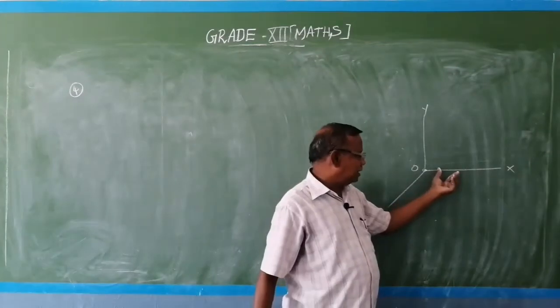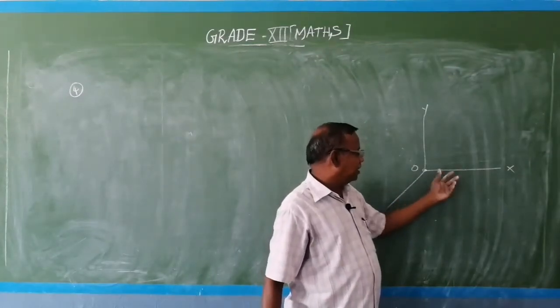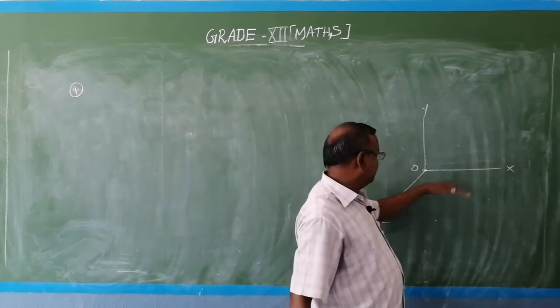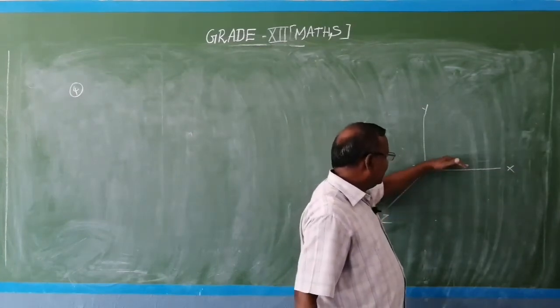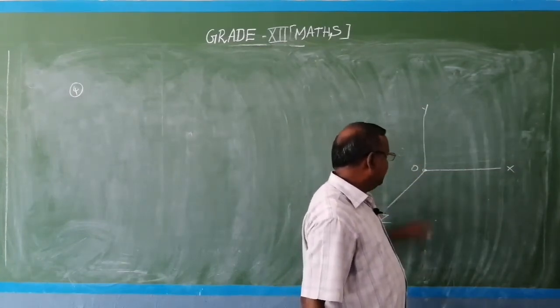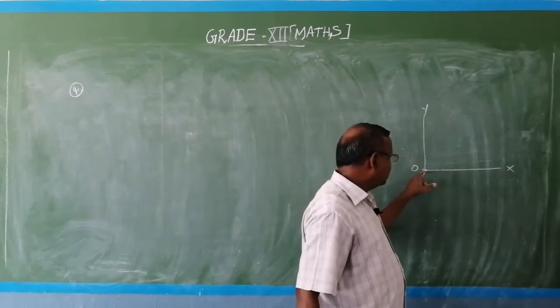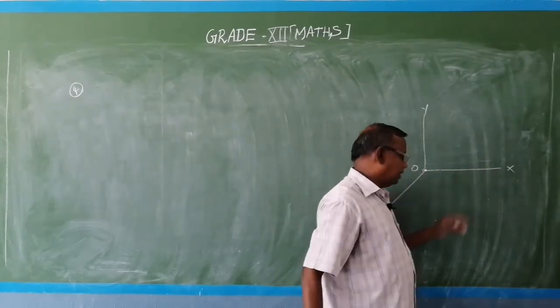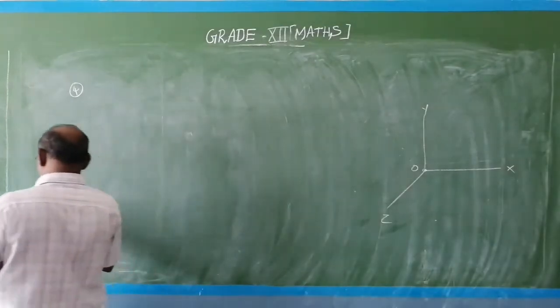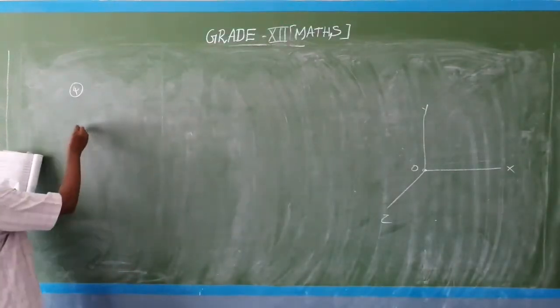We can draw many lines parallel to the x-axis, but the only one which passes through the origin is the x-axis. Therefore, the line is the x-axis.